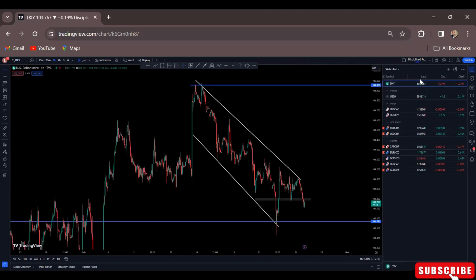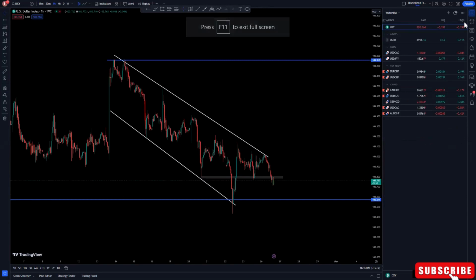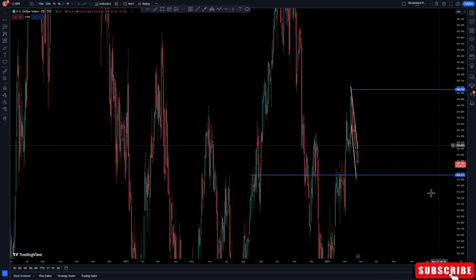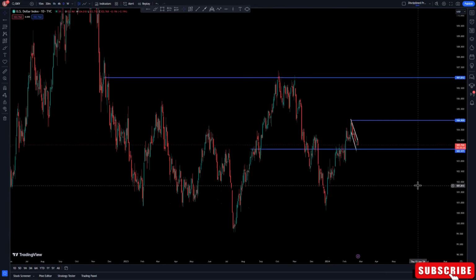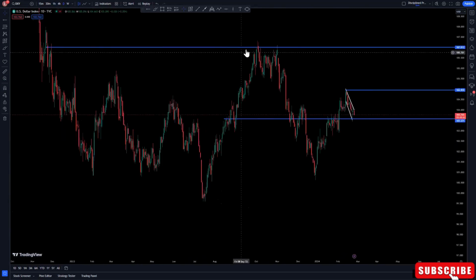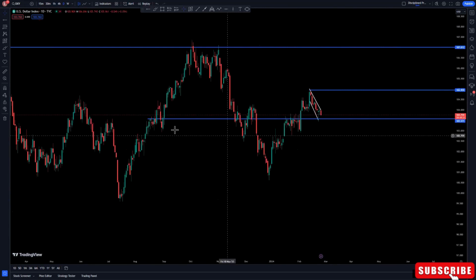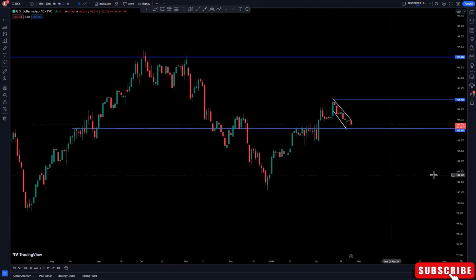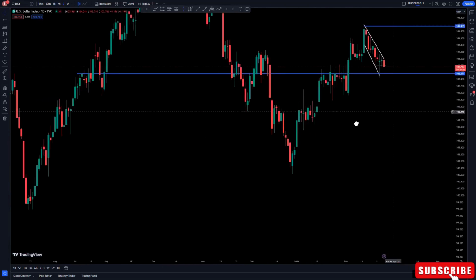But let's start quickly on the DXY, because the DXY tells us about the dollar strength. So what I see happening here, that's the all-time high. Okay, first, third, second, third, maybe a fourth one in future. Now, the reason why I have this level over here is because of the type of candles that are being formed there.